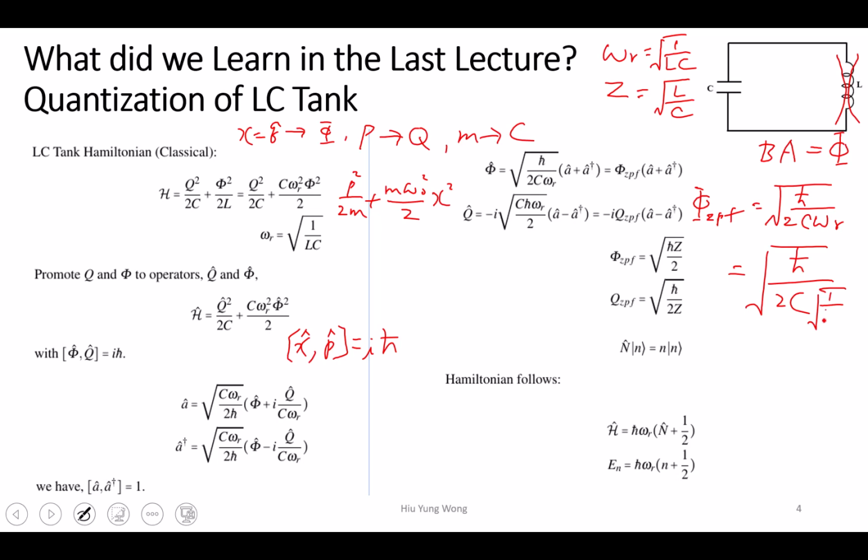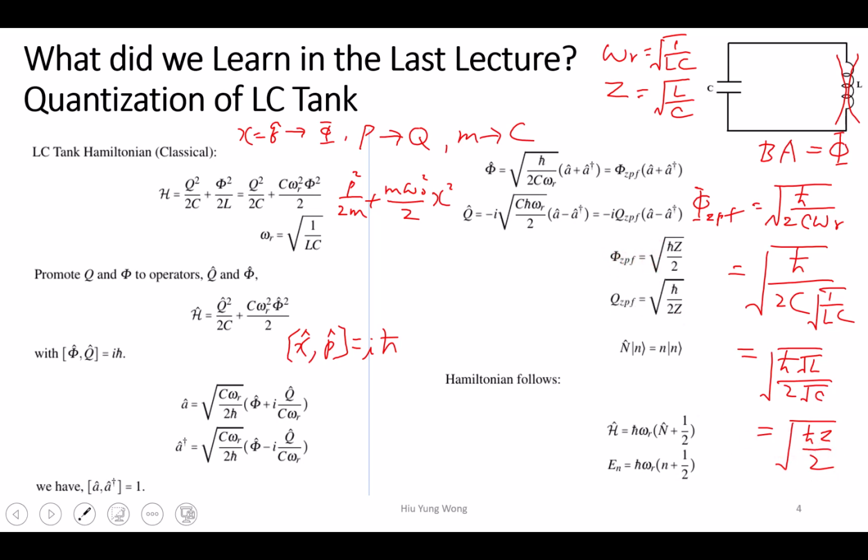So the square root of 1 over L goes to the top, and C divided by square root of C becomes square root of C. And what is the square root of L over C? It is just equal to Z, the characteristic impedance. That's why phi zero-point fluctuation equals this.